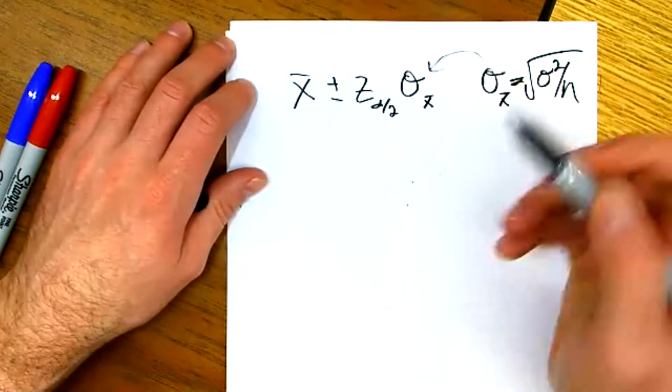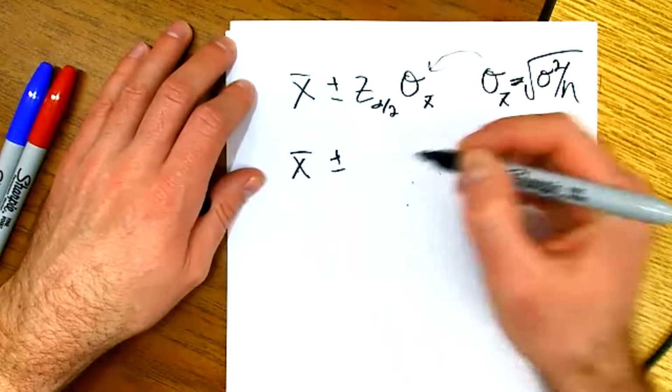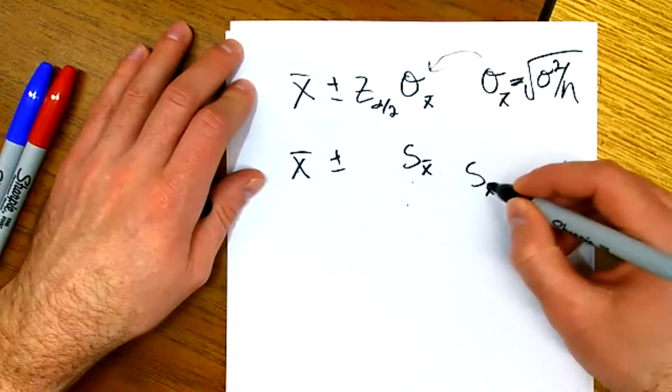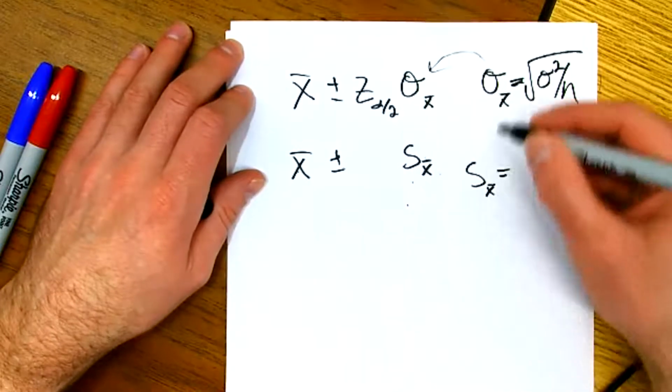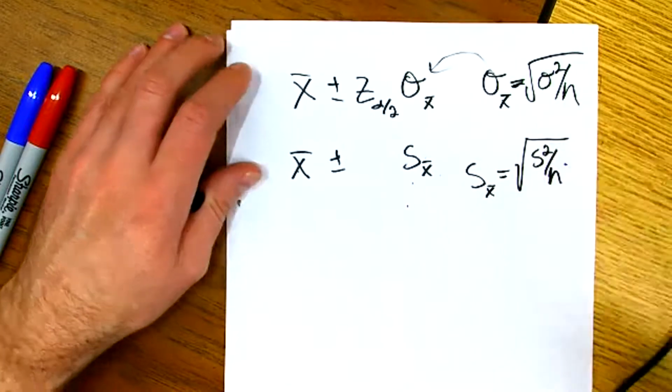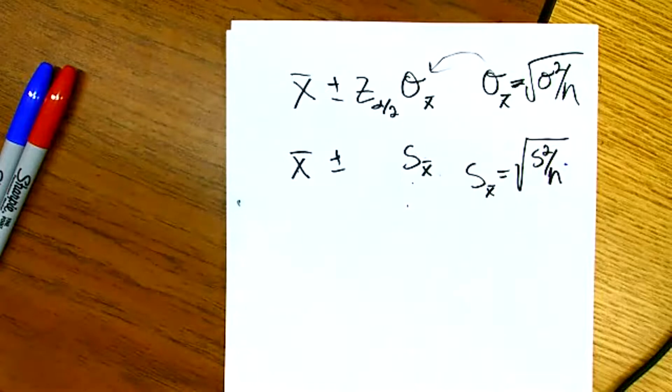We could plug that in. Now we have to write it a little bit differently because we're calculating that standard deviation of our sample means, but we're using a sample variance to estimate that population variance.